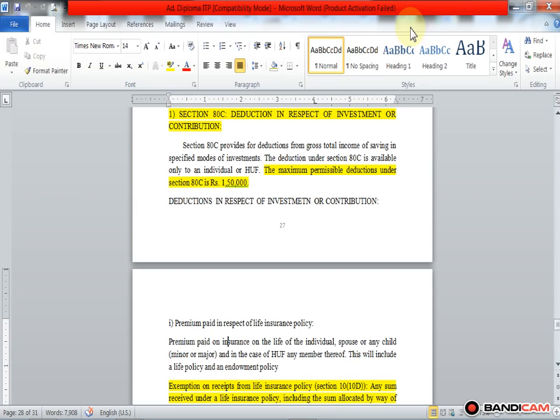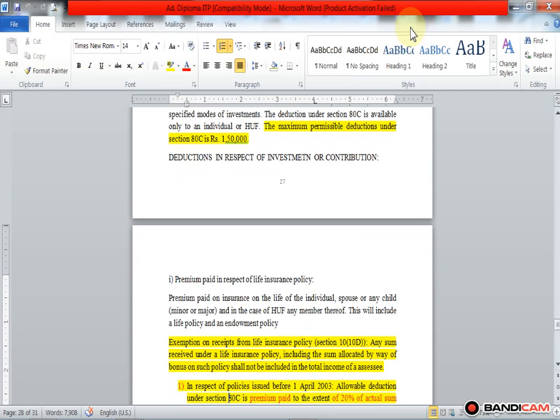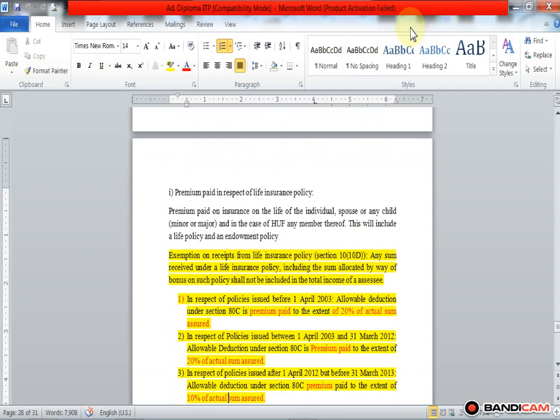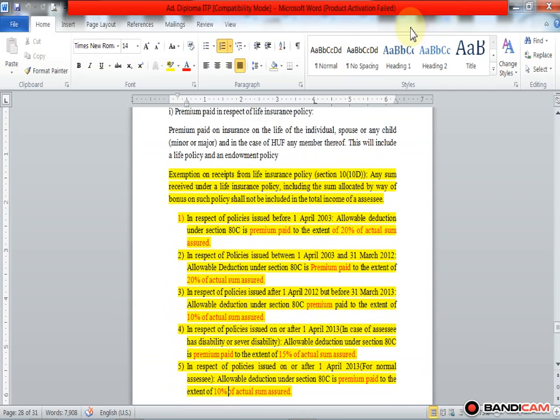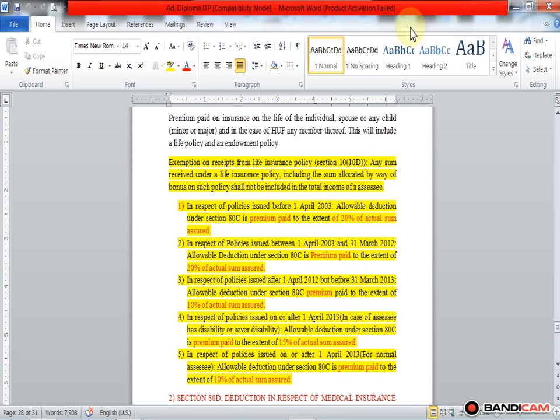We also discussed the deductions in respect of investment or contribution of the assessee. For LIC, if the assessee takes an insurance policy, the allowable deduction was also discussed in our previous lecture.